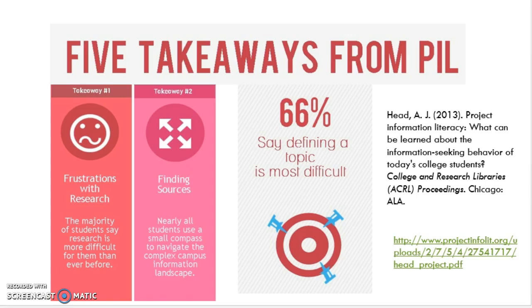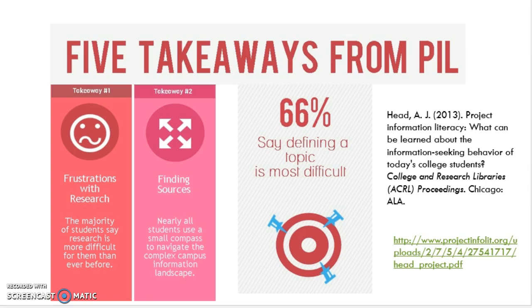In this particular study, conducted in 2013, they found that students tended to feel fairly frustrated with the research process. In fact, the majority of students said that research was more difficult for them at this point in, say, their college careers than it had been for them before, say, in high school. So if you're feeling kind of frustrated or don't know where to start, you're in good company.